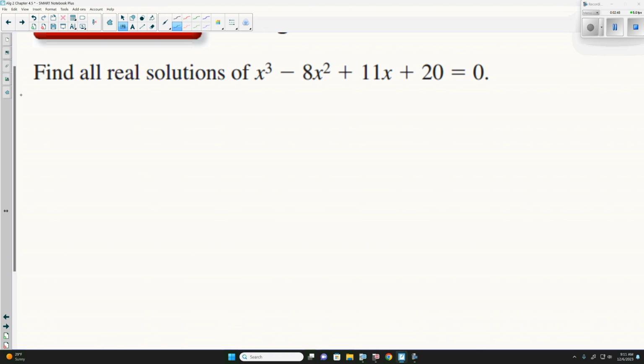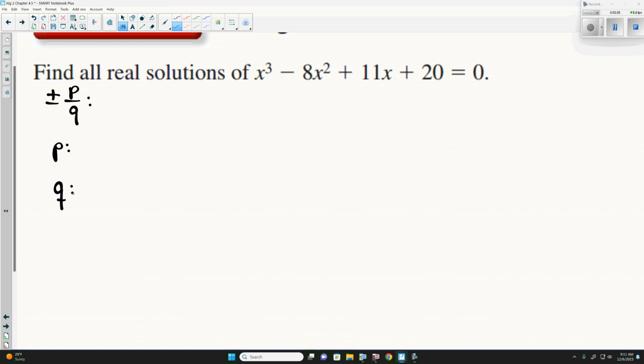So the first one that we're going to look at with this is this problem here. We want to find the rational zeros, or plus or minus p over q, where p is the factors of the constant term and q is the factors of the leading coefficient.